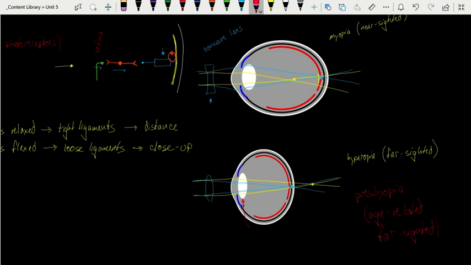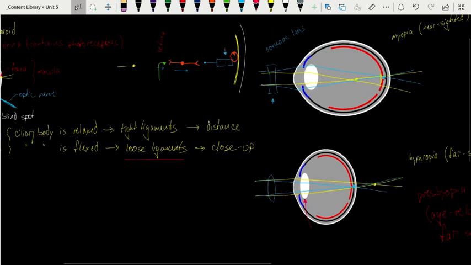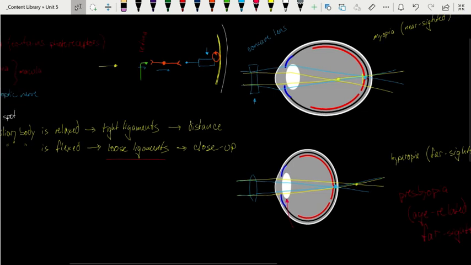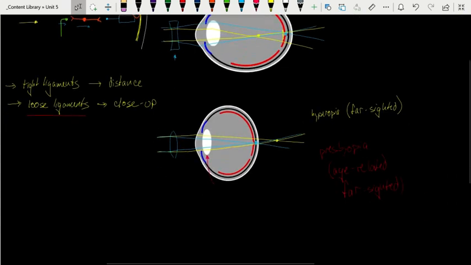So we talked earlier here about the ciliary body, and how if the muscles are flexed, then it loosens the ligaments. And what should happen for close up is that you get a nice round lens, and that takes care of it.